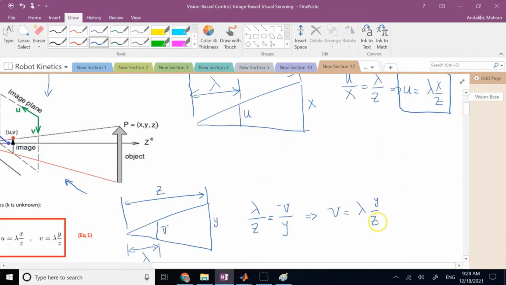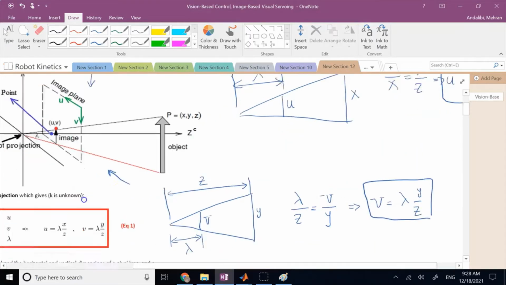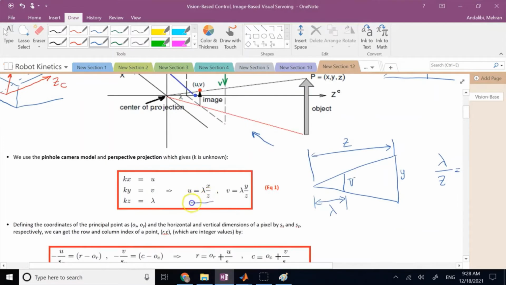U is lambda X over Z and V is lambda Y over Z. And that's exactly what you see over here. So the simple geometry that takes you from XYZ to U and V is what I just told you.